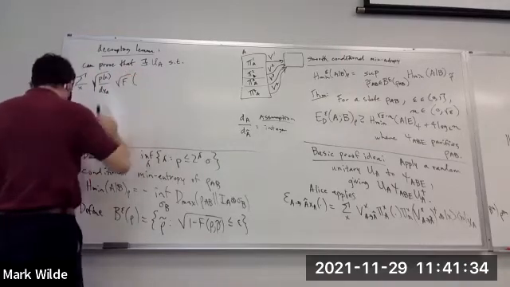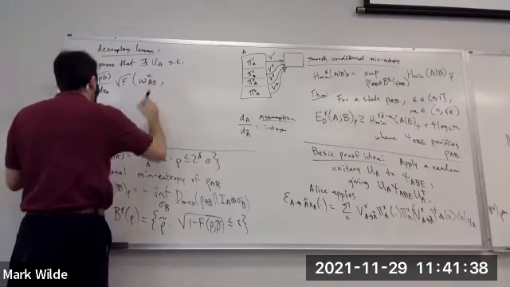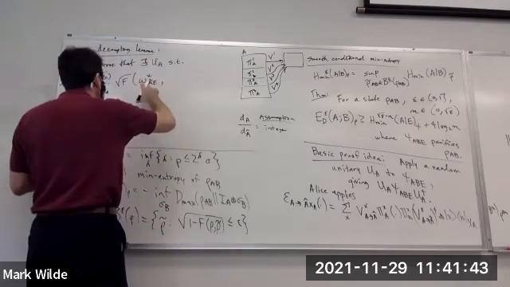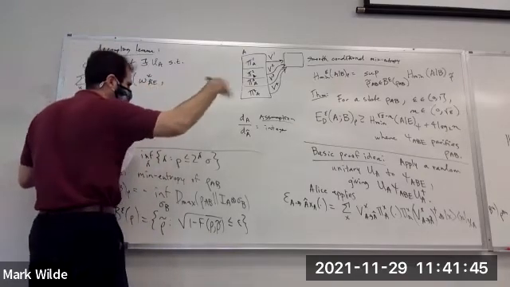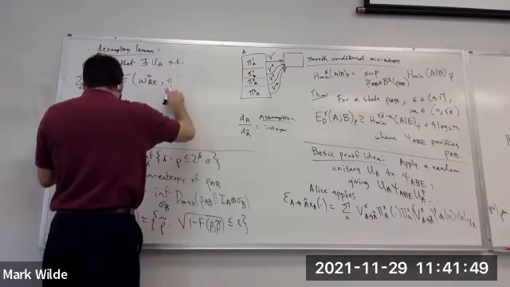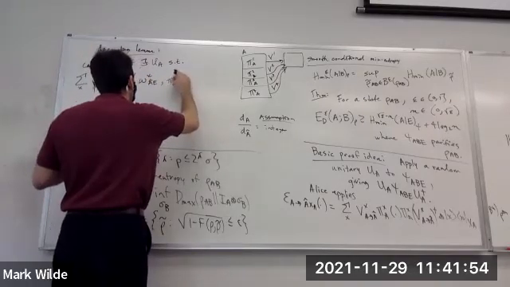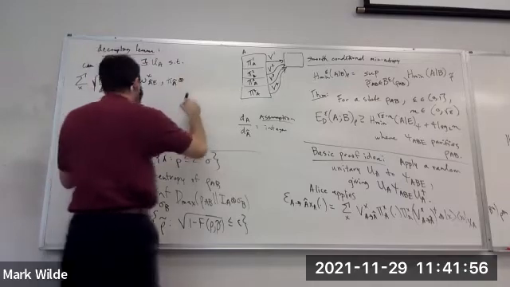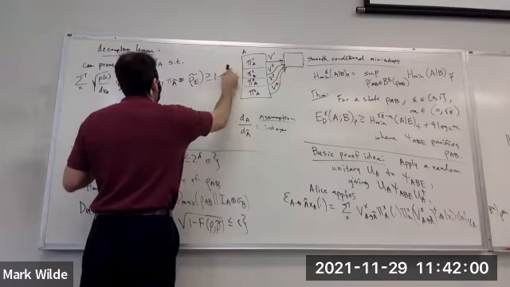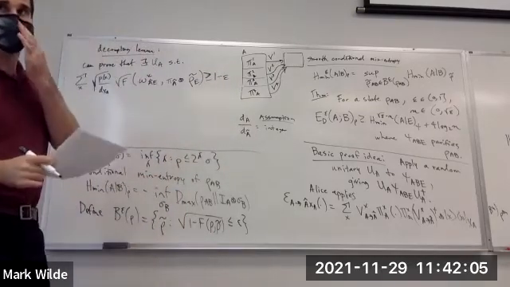Here's a fidelity. So the argument will be that the fidelity between the actual state of A hat and the environment system is close to a decoupled state, a product state. That's the statement.